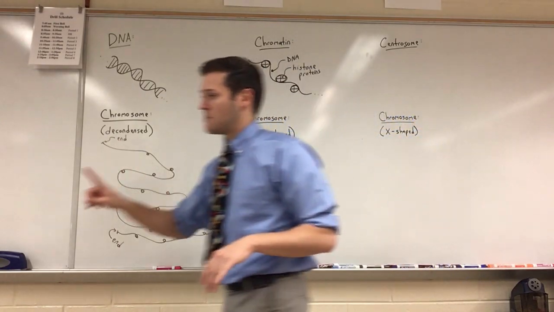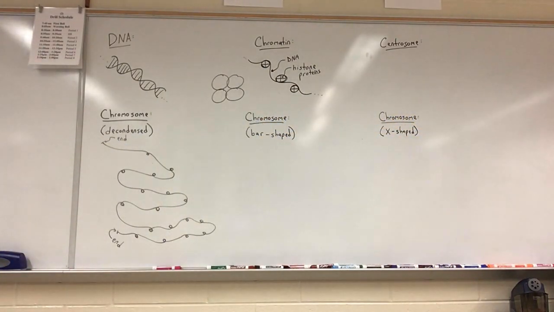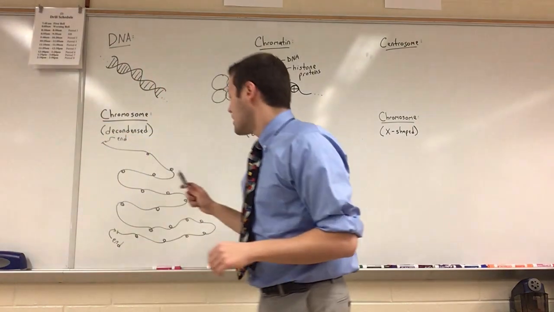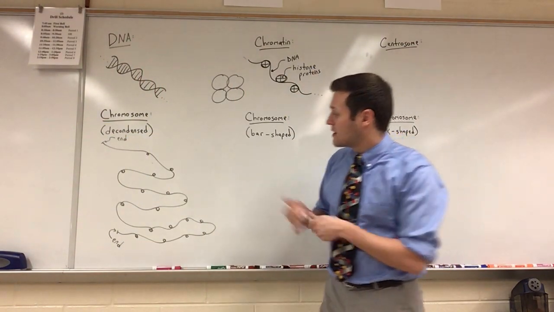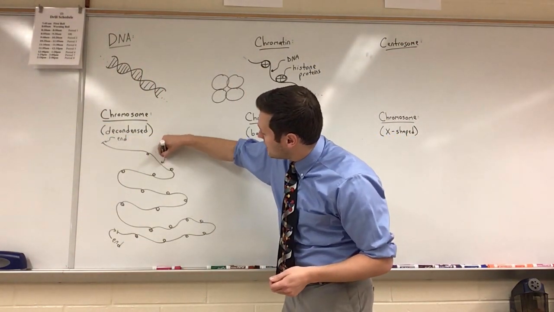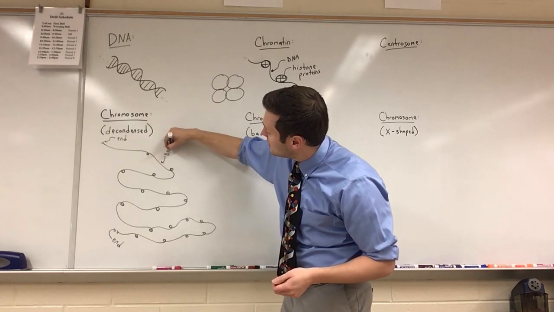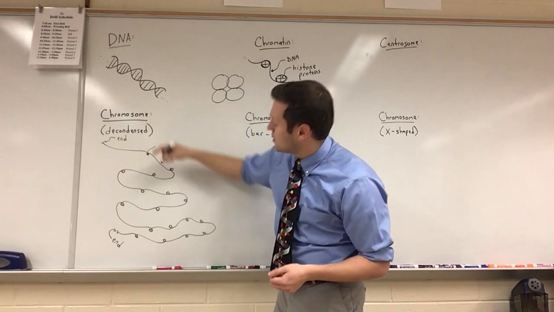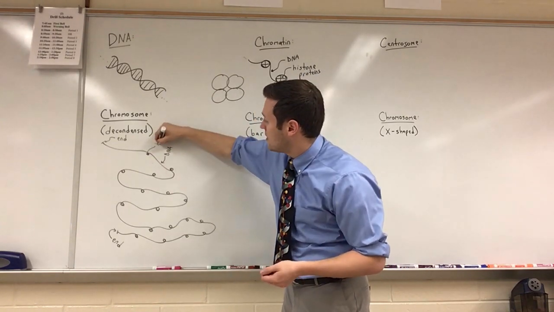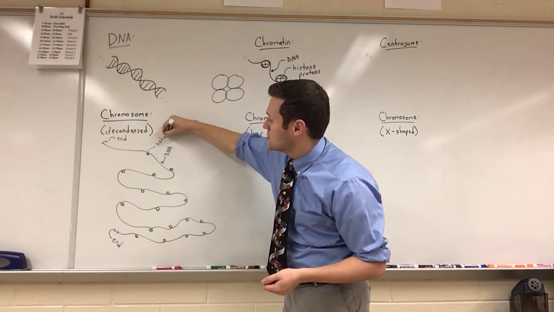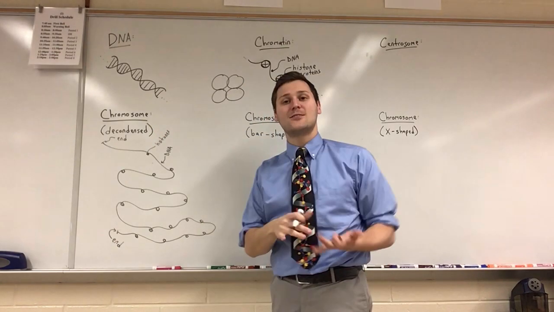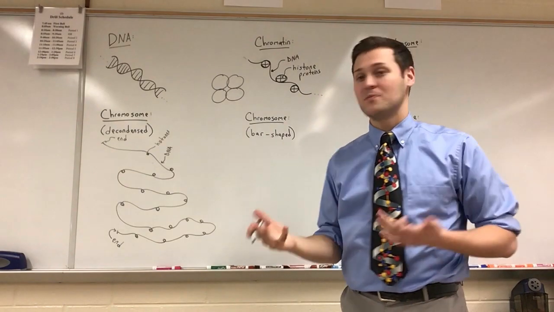Now, I want to grab a slightly better marker. Here we go. So that is a chromosome. So we can label the line, the DNA, and we can point to this little bundle here and label that histones. Again, histones and histone proteins, same thing.